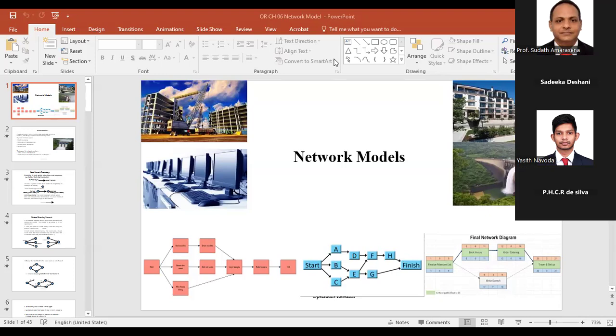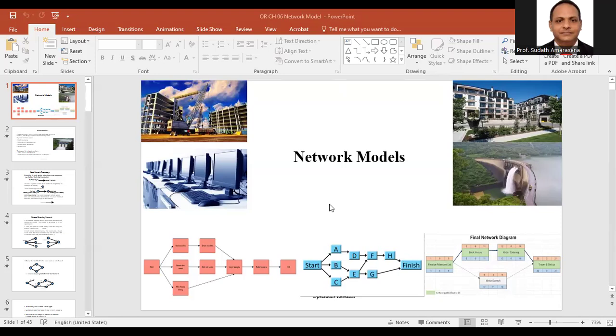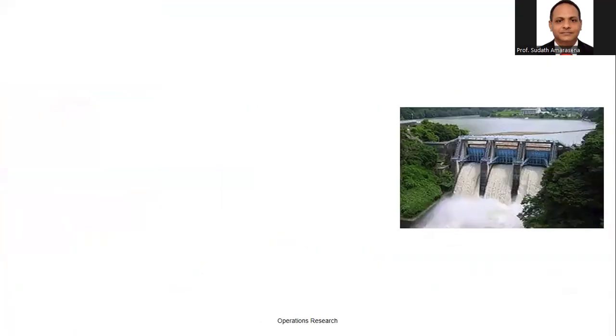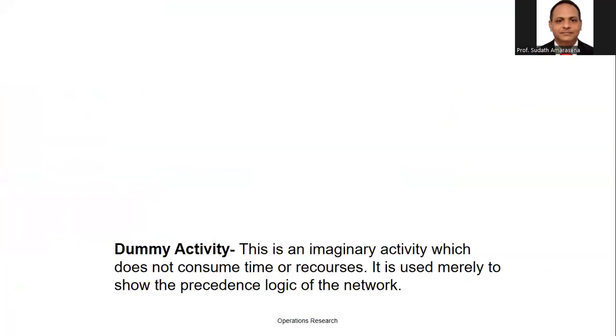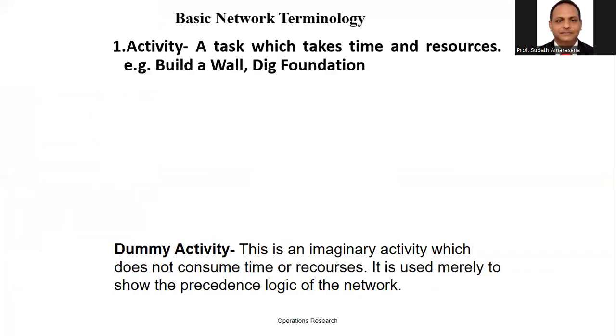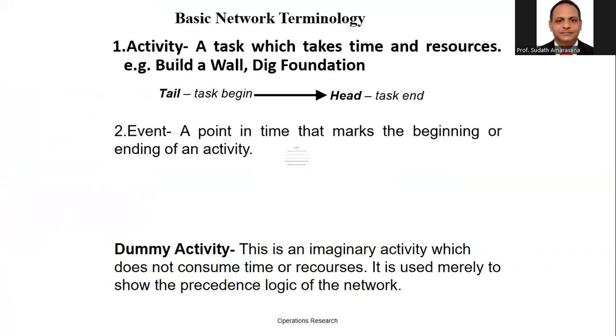Now we can go to our topic, network model, where we talk about the techniques. Last time I explained how to draw the network diagram, and we also talked about the techniques under the CPM method, critical path method.